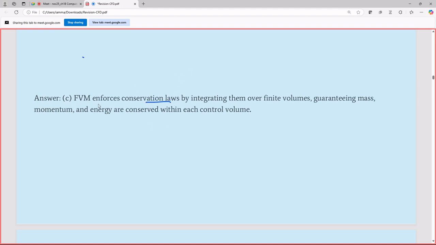The basic step is that we discretize the equation after integrating the partial differential equation. So it is known that the finite volume method preserves conservation properties, because our governing equation is integrated over the domain, which enforces a strict conservation law on the domain.